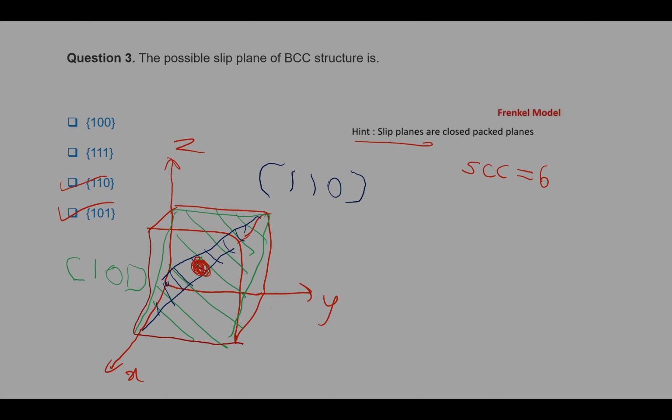In SCC, 6 slip planes are possible. In BCC, 48 slip planes are possible, and in that only 12 are active. In FCC, there will be 12 slip planes possible. In HCP, there will be 3 slip planes possible.